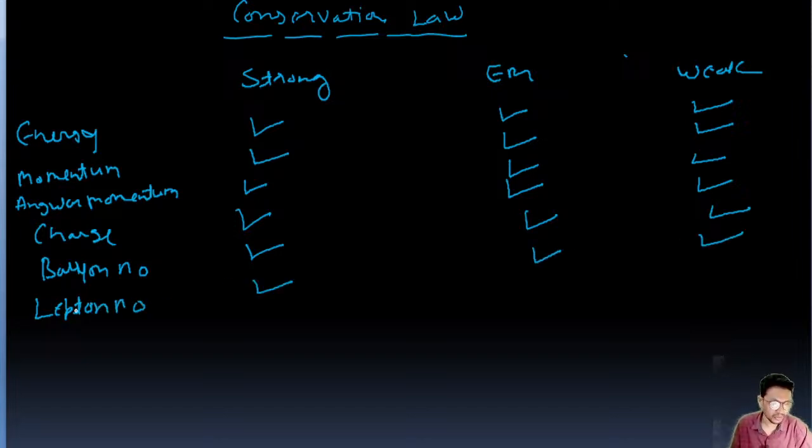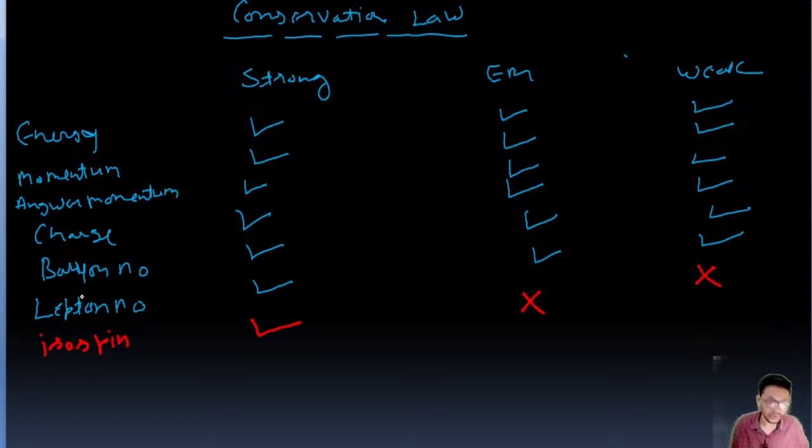Now isospin, I'm writing it because these should be conserved. For isospin, for strong it should be conserved, for electromagnetic it shouldn't be conserved, and for weak it shouldn't be conserved.